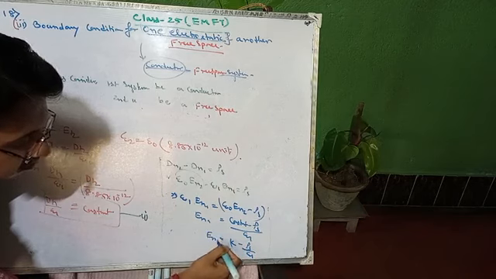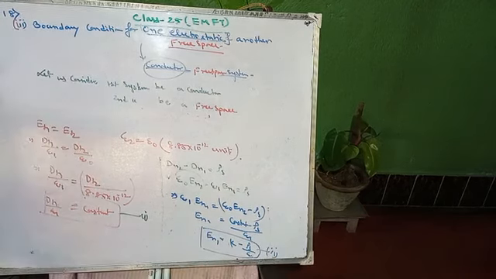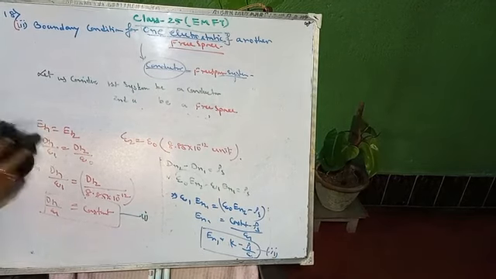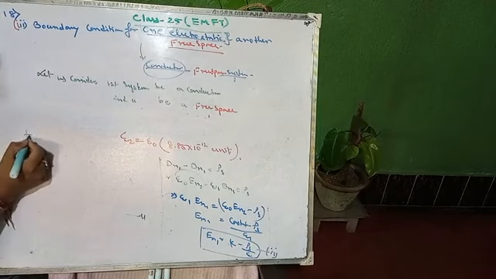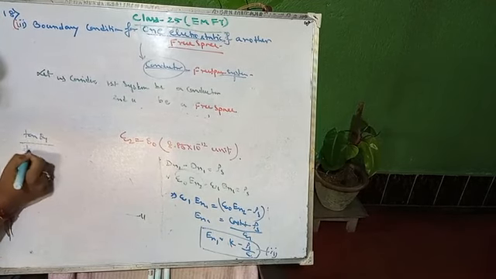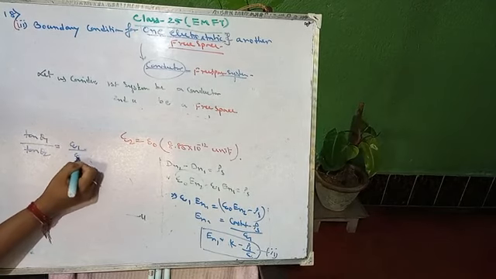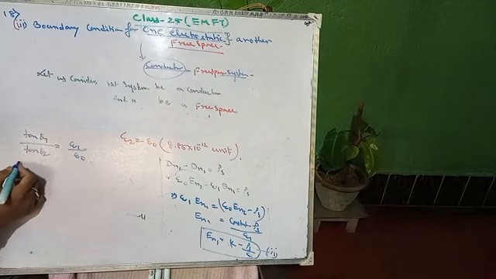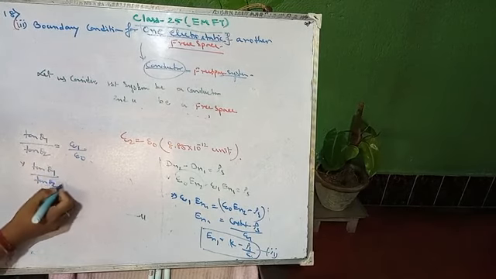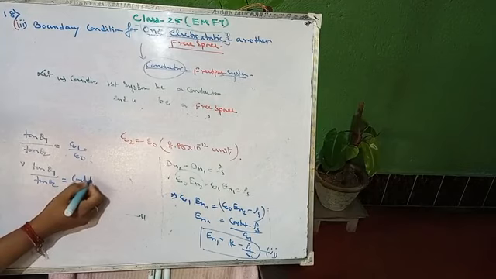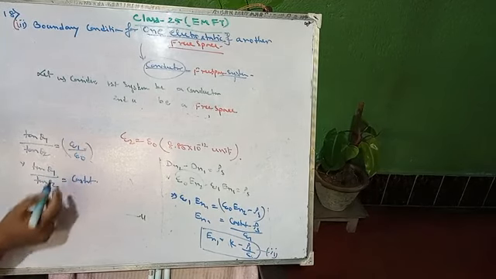So it will be the second boundary condition for conductor free space. And the third boundary condition will be tan theta 1 by tan theta 2 equals epsilon 1 by epsilon 2, it should be epsilon naught, and tan theta 1 by tan theta 2 equals constant, because for a particular medium epsilon 1 is constant, so this term remains constant.